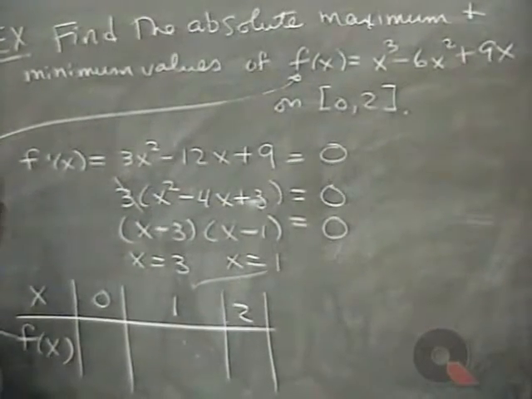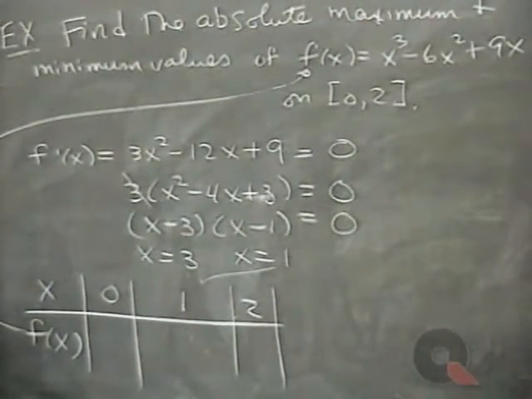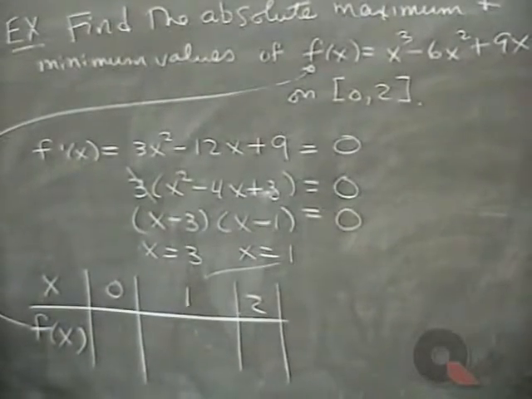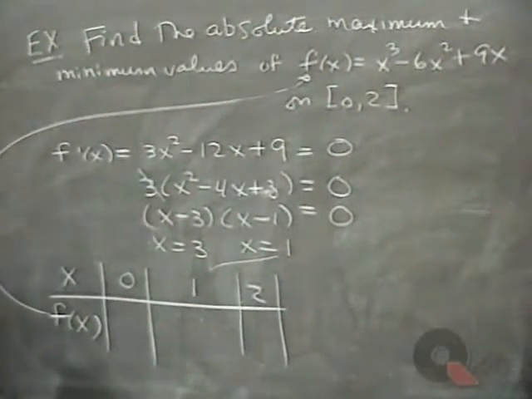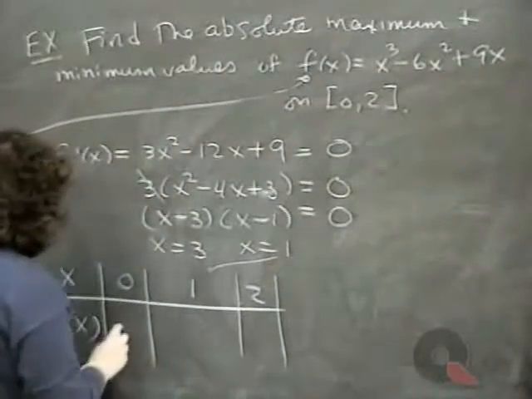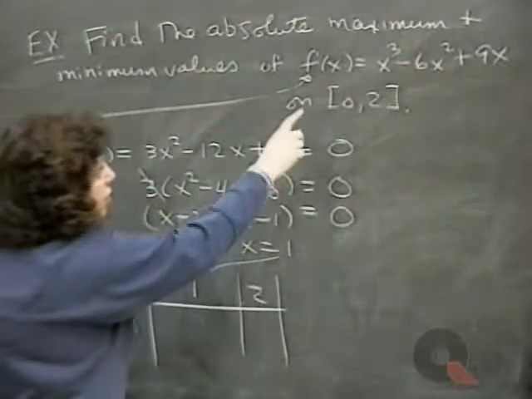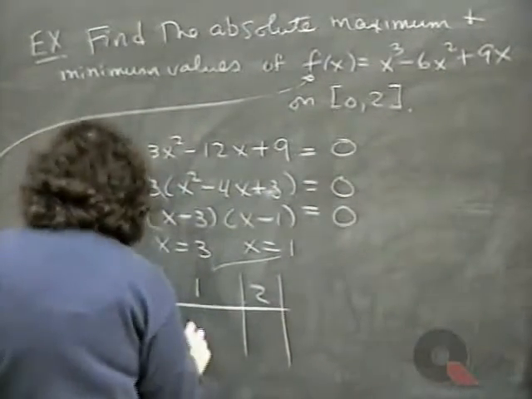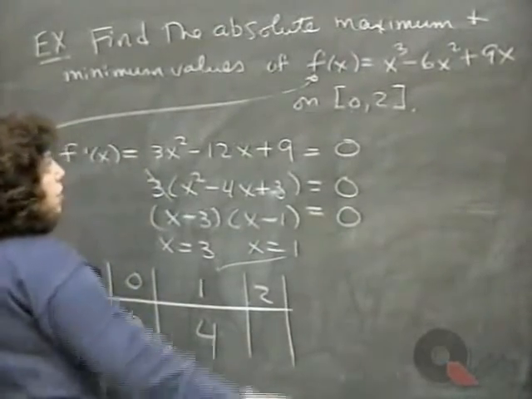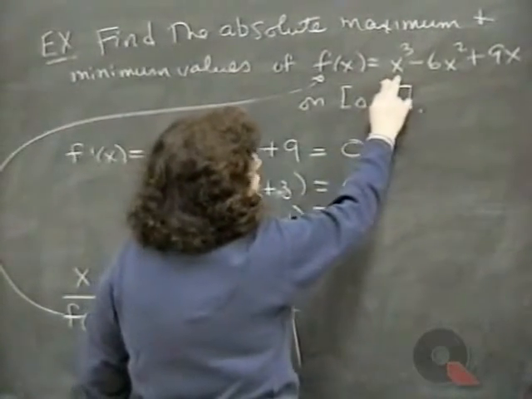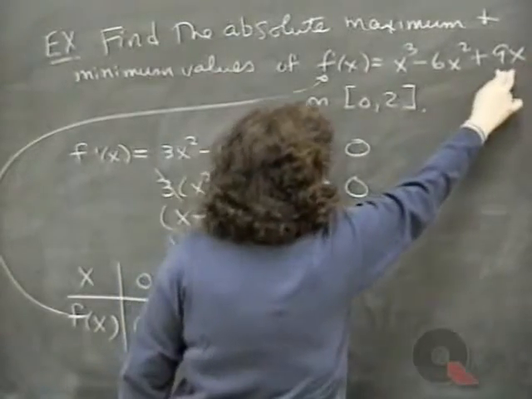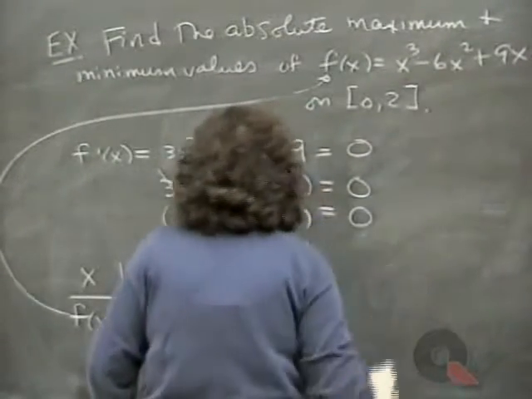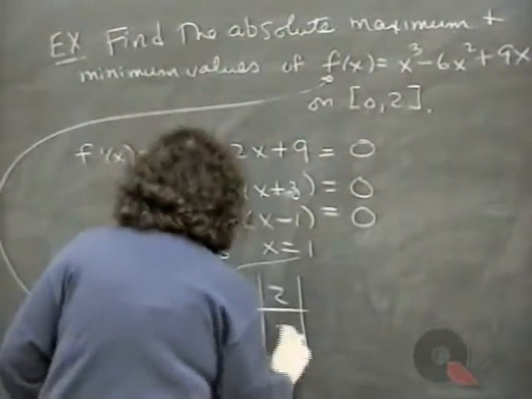Of course, you can do all of this on your graphing calculator very simply using the table option. If x is 0, y is 0. If x is 1, 1 minus 6 plus 9 is 4. And if x is 2, we get 8 minus 24 plus 18, which is 2.